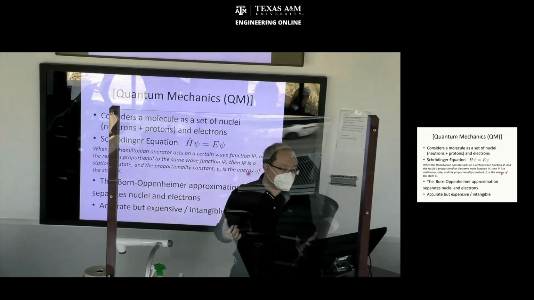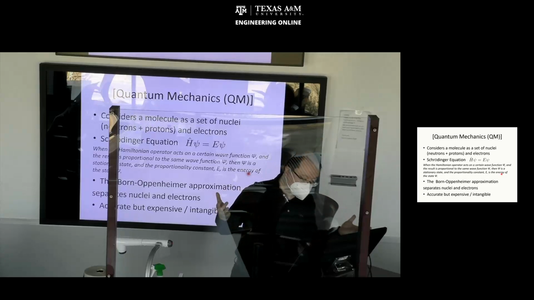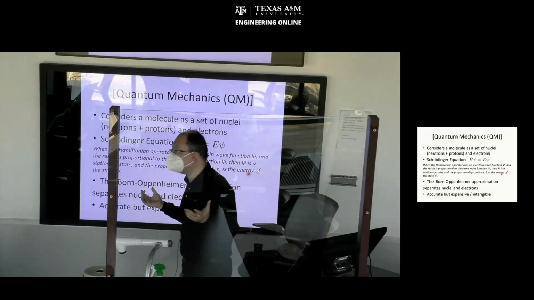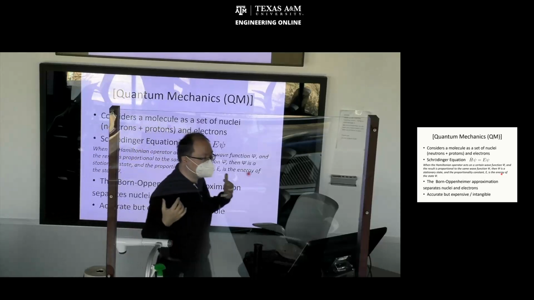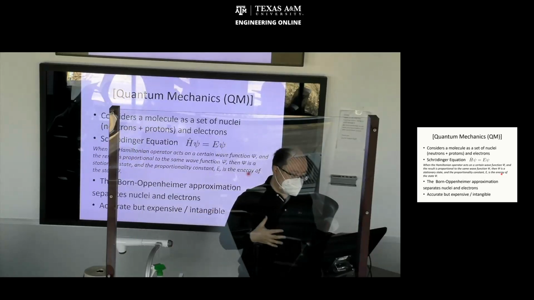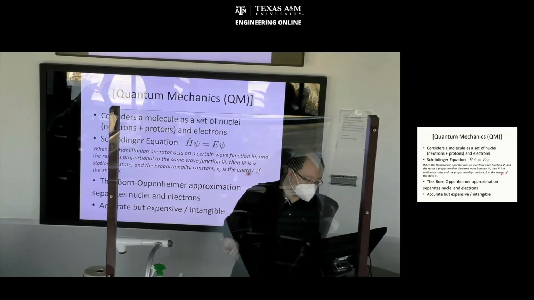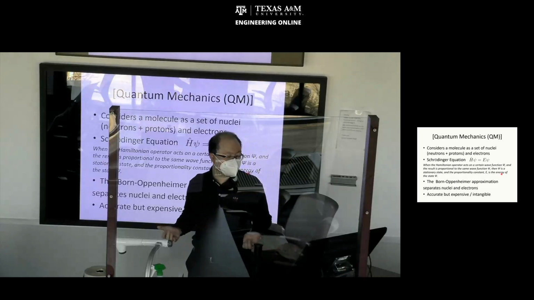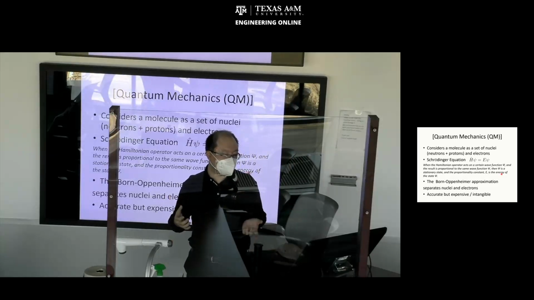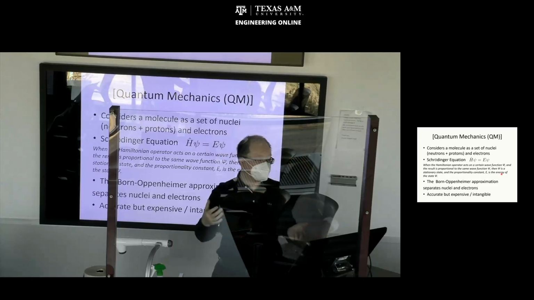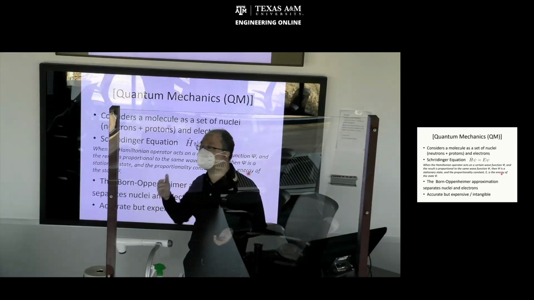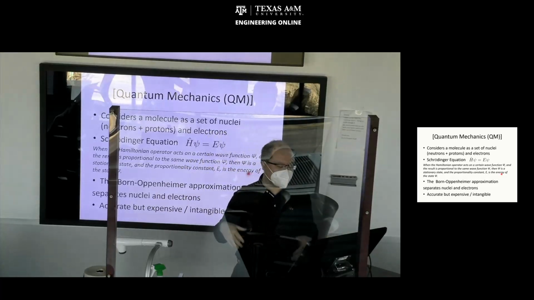So if we really have to solve the Gibbs free energy from first principles, what we know is that it starts from the Schrodinger equation, okay? In this case, you consider each molecule as a set of nuclei and their electrons, and the nuclei include neutrons and protons and everything.